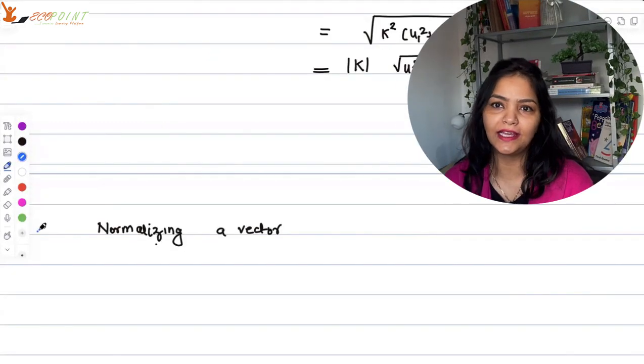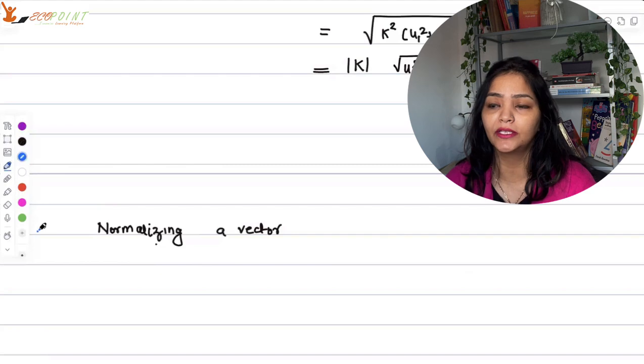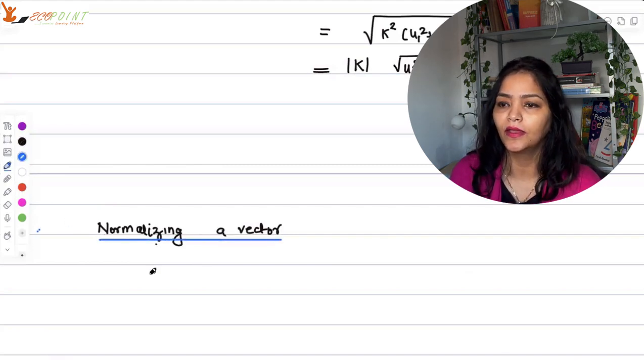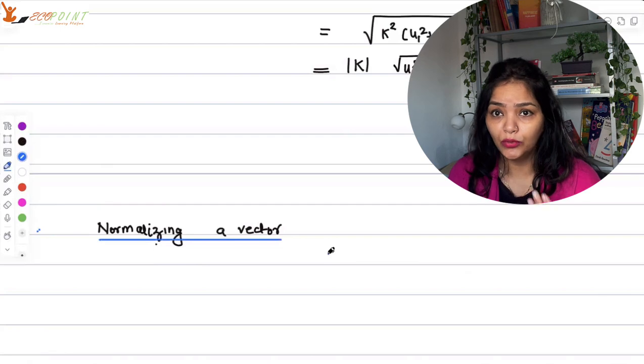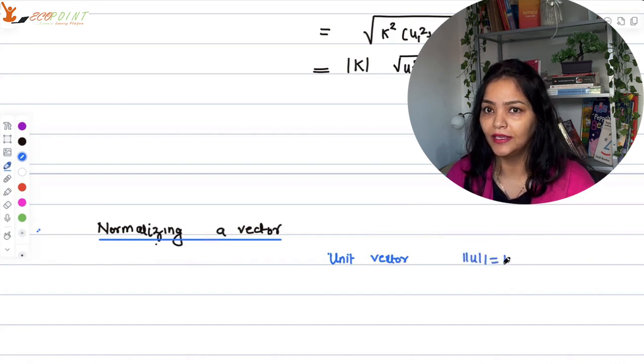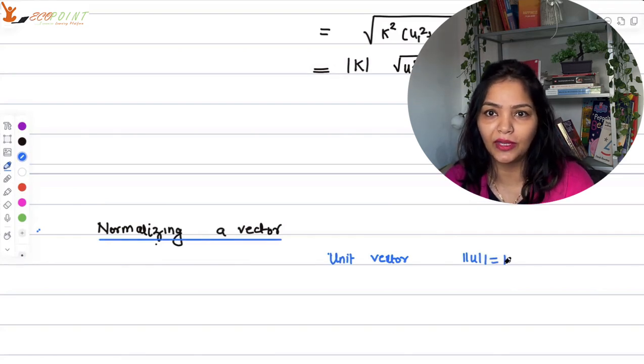One additional thing I would like to discuss with you guys is the normalizing of a vector. What do you mean by normalizing a vector? We know what a unit vector is, right? A unit vector has norm equal to 1. You can always normalize a vector into a unit vector.